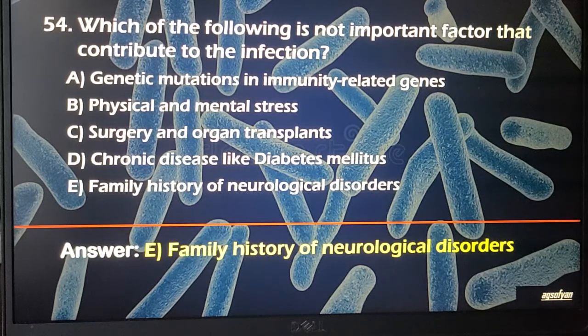Physical and mental stress also increase the risk of infection. Surgery and organ transplant also increase the risk of infection. Chronic disease like diabetes mellitus also increases the risk of having infection. So the one that is not is the family history of neurological disorders.